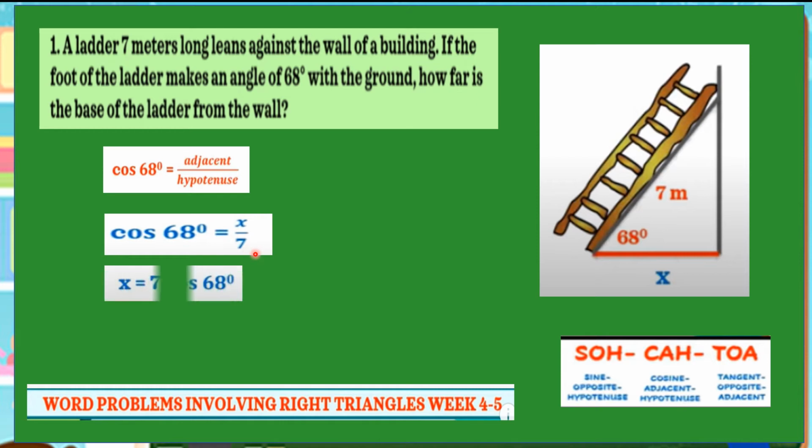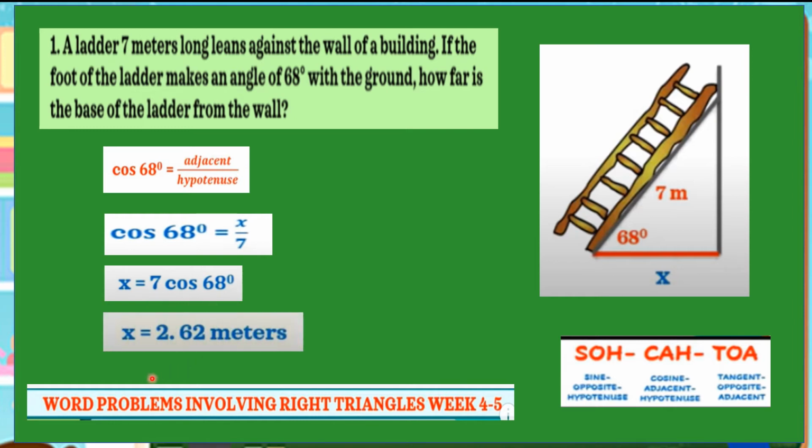Then, cross multiplication, we have x is equal to 7 times cosine 68 degrees. So, all you have to do is to type in your calculator 7 times cosine 68 degrees, and the answer is the value of x, or the distance between the foot of the ladder to the wall is 2.62 meters.